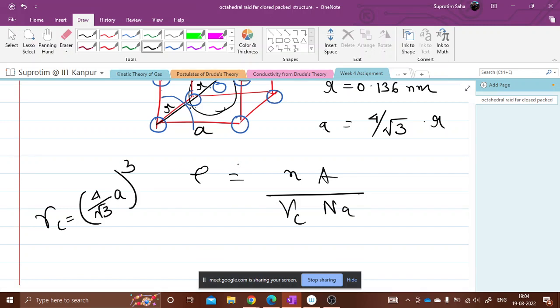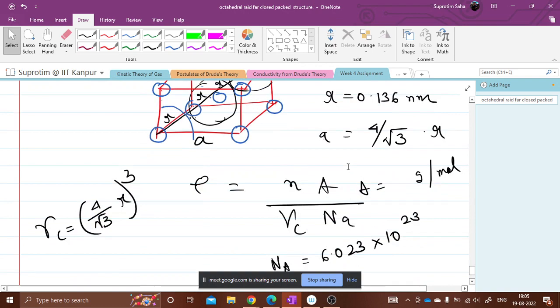Sorry, R, that is not a, that is R. So put it in place of Vc, and Na is 6.023 into 10 raised to 23, which is given. Just put it in that.